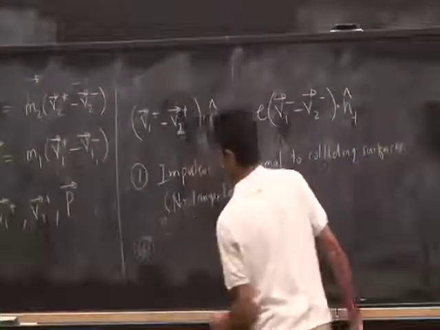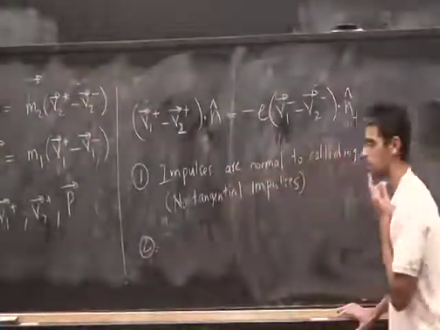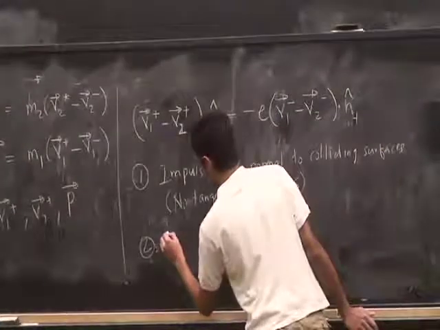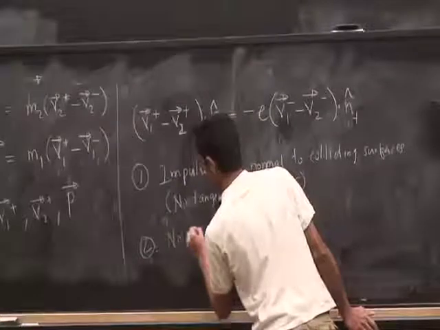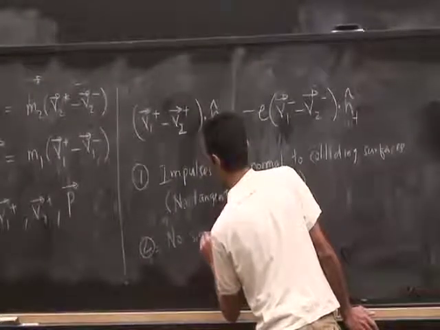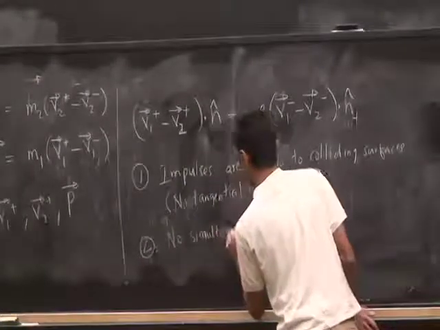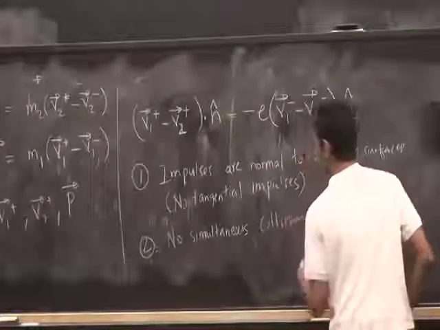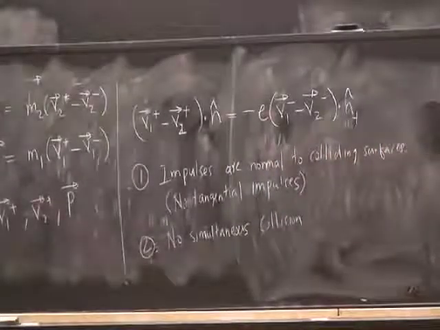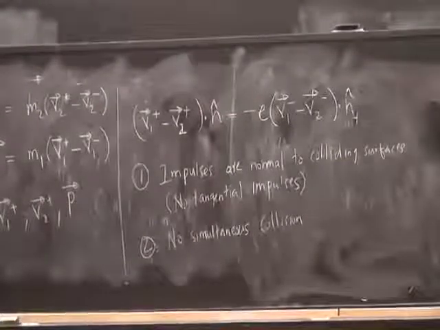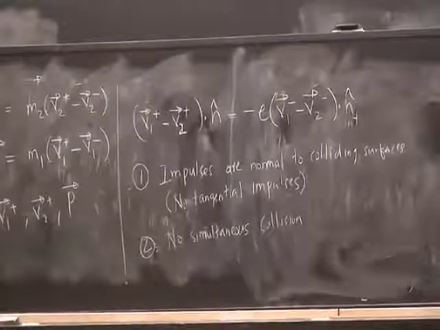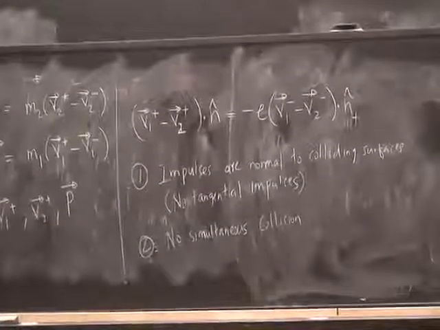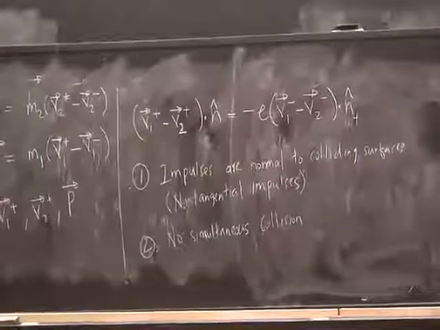The second assumption, which we'll be using throughout this course, is that there are no simultaneous collisions. That is, when we talk about collision problems, we'll take two masses, make them hit each other, calculate the velocities after collision, then take the other two masses, see what happens, and move on.